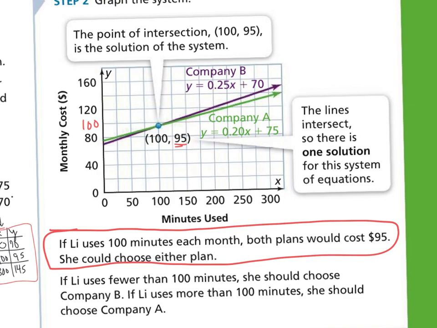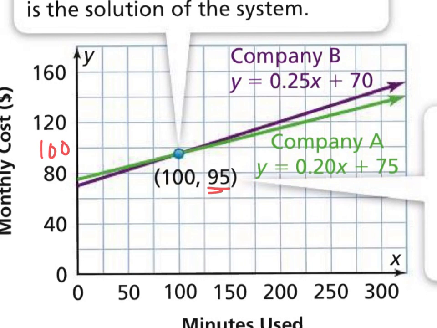If you look at the graph, you can see company B to start with is a little bit lower. So if they used less than 100 minutes, company B would be cheaper. If they used more than 100 minutes, notice company A is the lower line. So more than 100 minutes, company A would be a better plan for her, a cheaper plan.